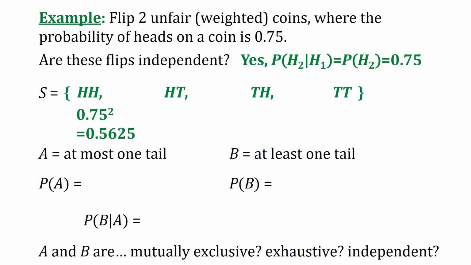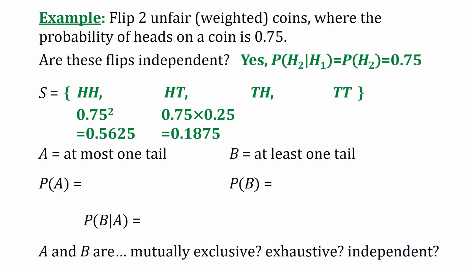What about heads and then tails? Again, the flips are independent, so I just need to multiply 2 unconditional probabilities together. Probability of heads on a flip is 0.75, and using the complement rule, probability of tails must be 1 minus 0.75 or 0.25. So I multiply those together and I get that this probability is 0.1875.